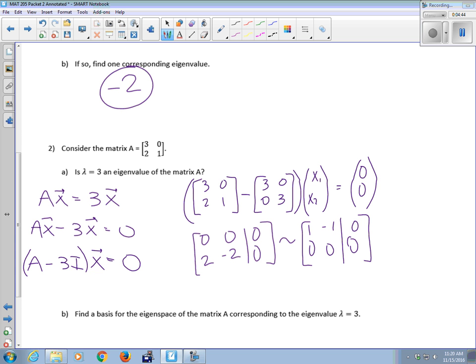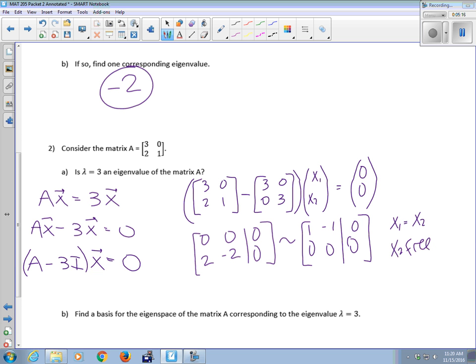So what does this mean? What's my solution? x1 and x2 are the same, and x2 is free, so there are infinite solutions. So x1 equals x2, x2 is free. That means there are infinitely many vectors (x1, x2) that make Ax equals 3x true.